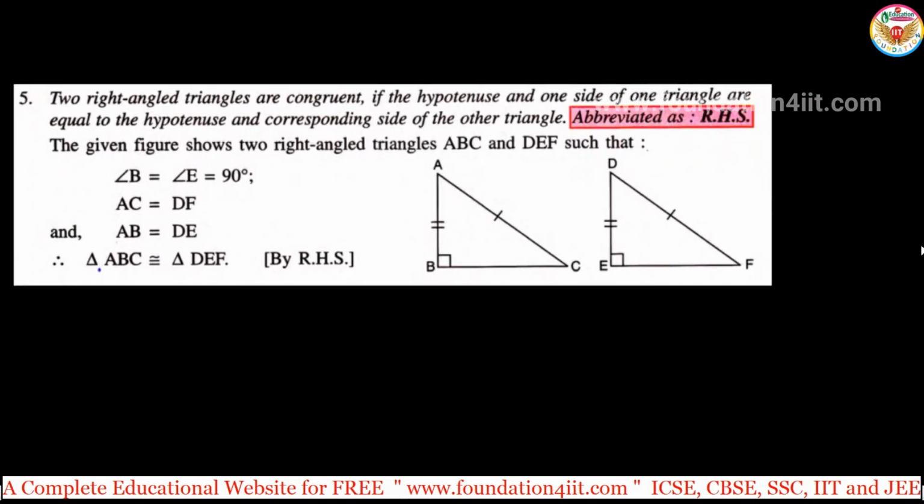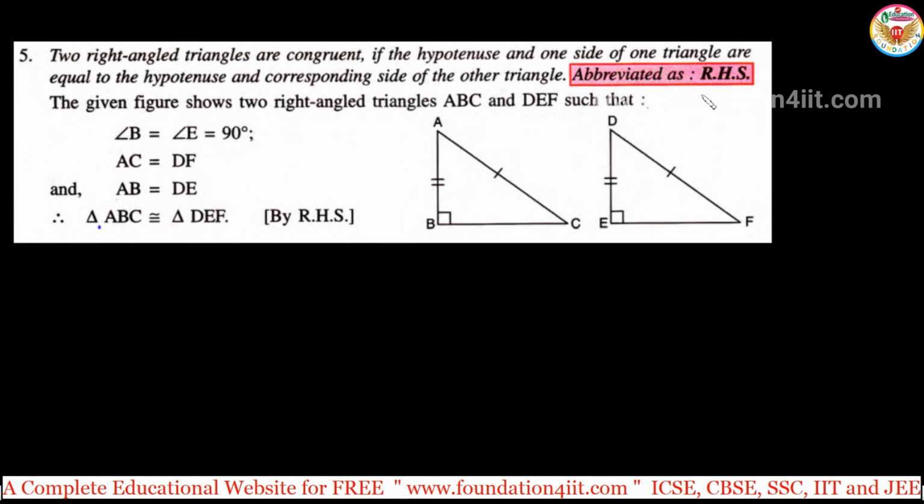And the fifth rule. This is right angle, hypotenuse, side. See here: two right angle triangles are congruent if the hypotenuse and one side of one triangle are equal to the hypotenuse and corresponding side of the other triangle. So two right angles, one angle is 90 degrees, fixed, and the hypotenuse and one side should be equal to one another.